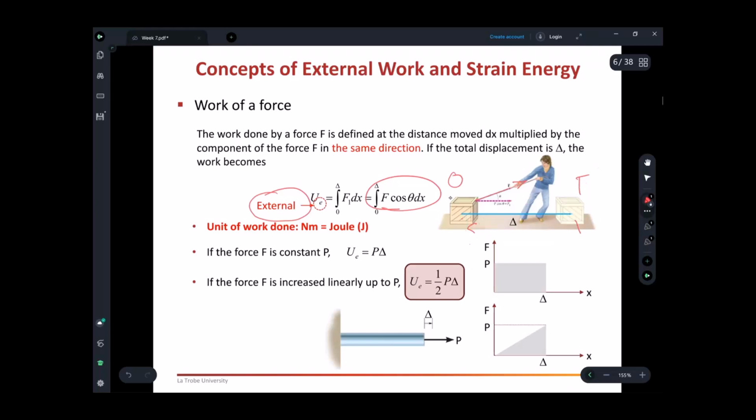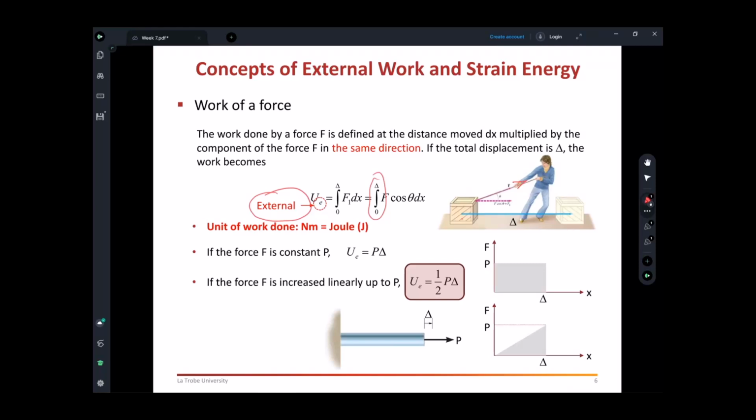Now don't be worried about this calculus, because a student may ask, that looks very simple, force times displacement with the force in the direction of the displacement, but what about this integration and calculus?